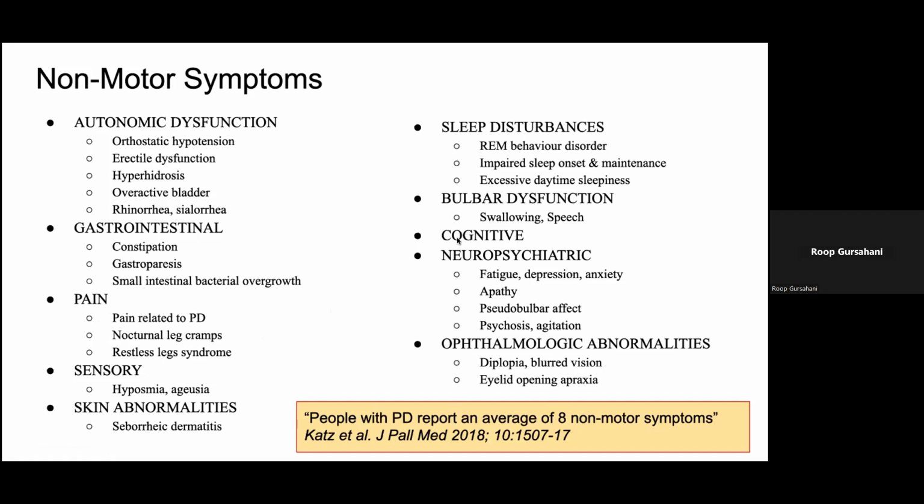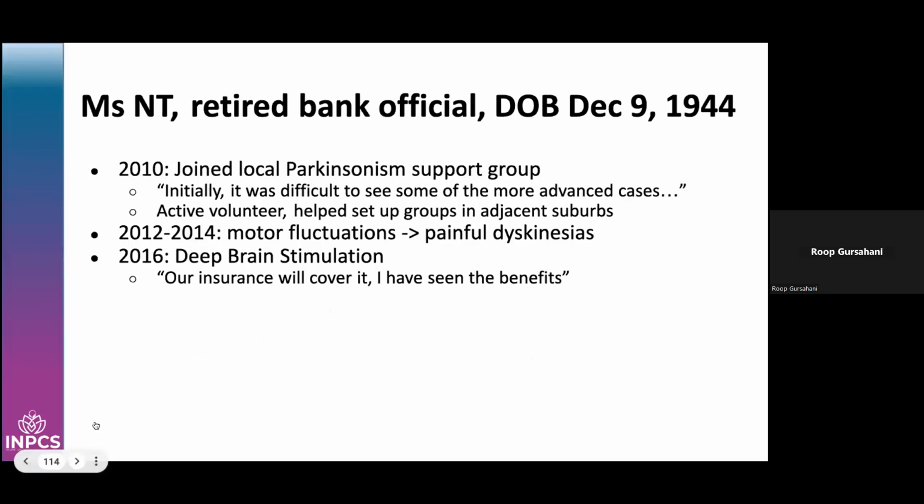We've already spoken about dementia, and they start to get psychiatric features also. All of this can be very difficult, not just for the patient, but also for the caregiver. When this is systematically assessed, people with Parkinson's disease report an average of 8 non-motor symptoms when you actually check this out.